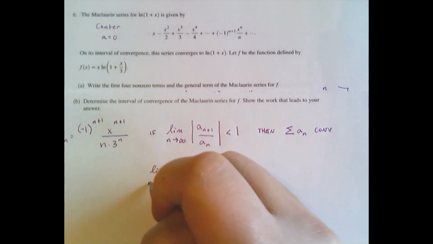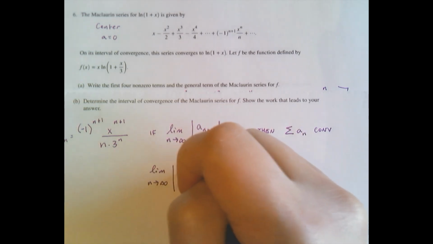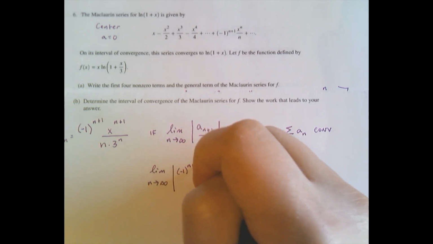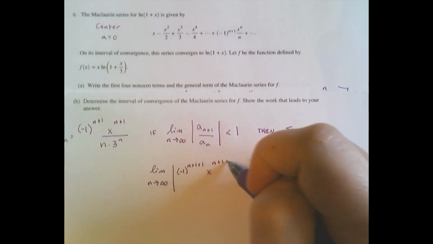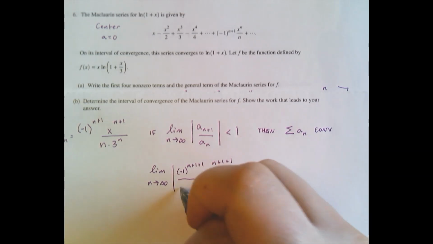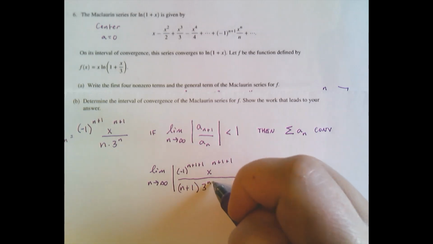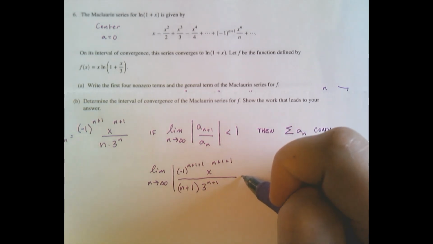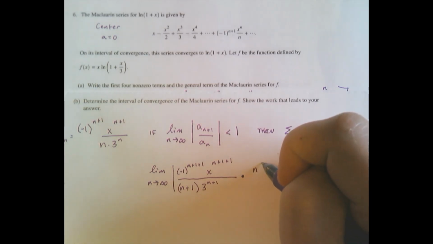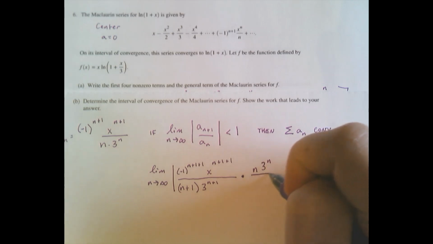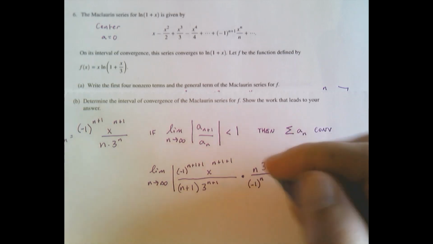The limit as n goes to infinity of the n plus 1th term divided by the nth term. Now, when we divide by the nth term, that is the same as multiplying by the reciprocal of the nth term.